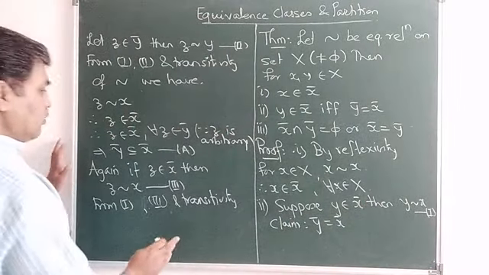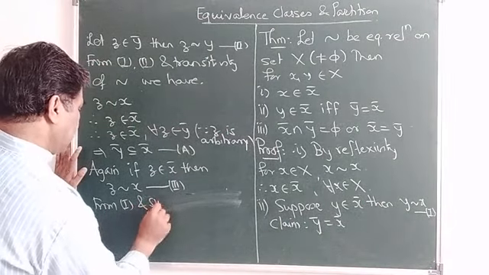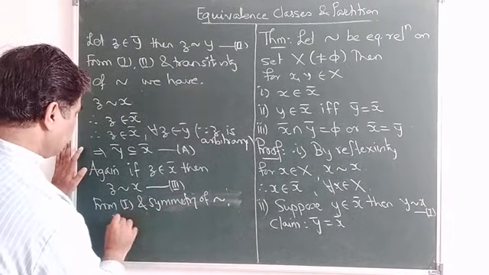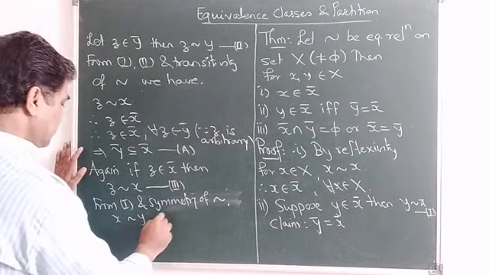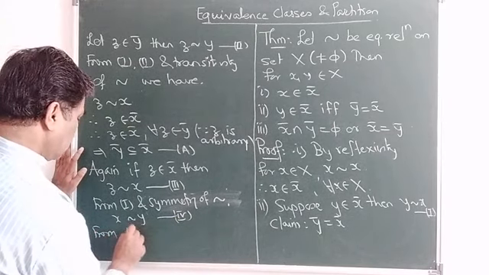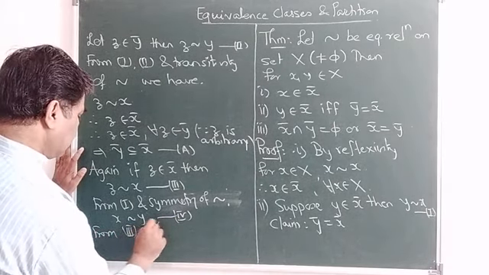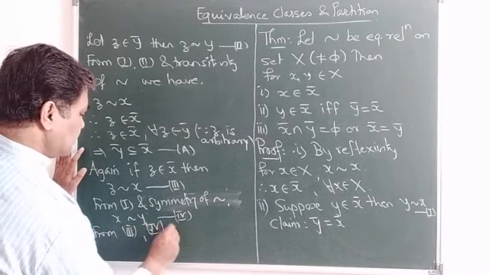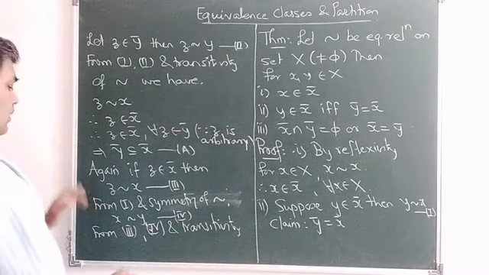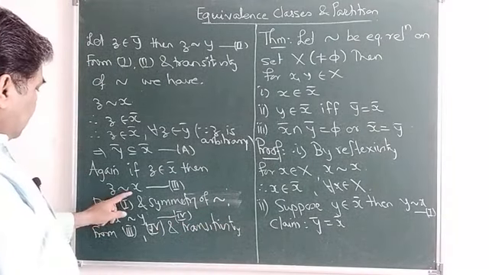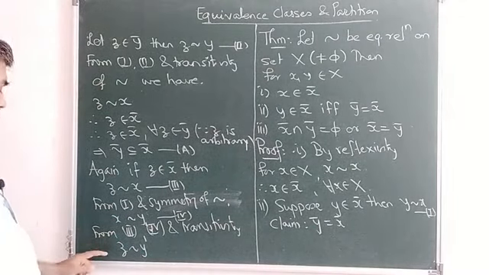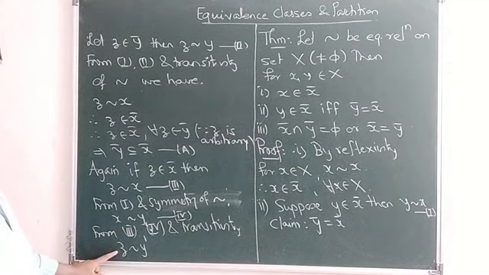From 1 and symmetry of tilde, x is related to y. This is 4. From 3, 4 and transitivity, what will we get? See here, z is related to x, x is related to y, so z is related to y.